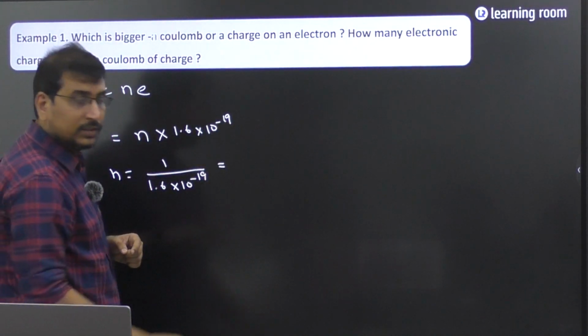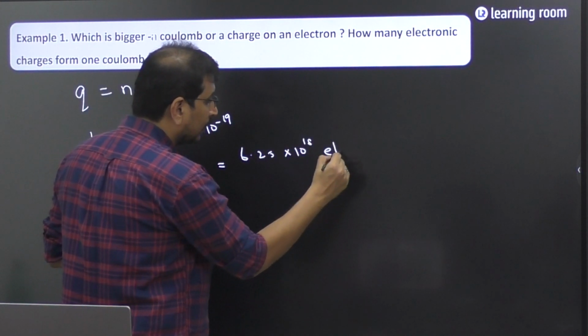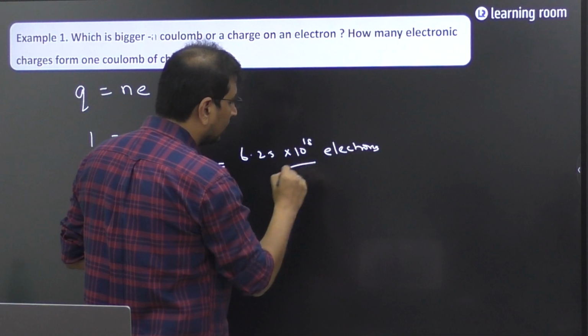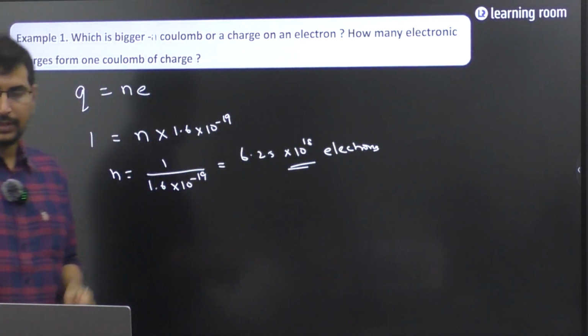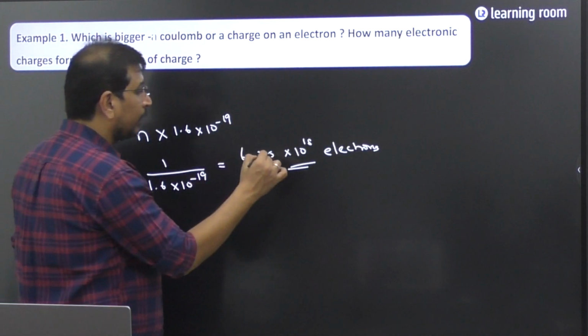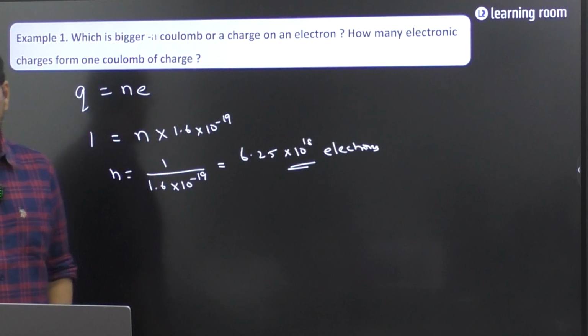When you solve this, you will get 6.25 into 10 power 18 electrons. You would have seen this number, right? So 6.25 into 10 power 18 electrons together will give you 1 coulomb of charge.